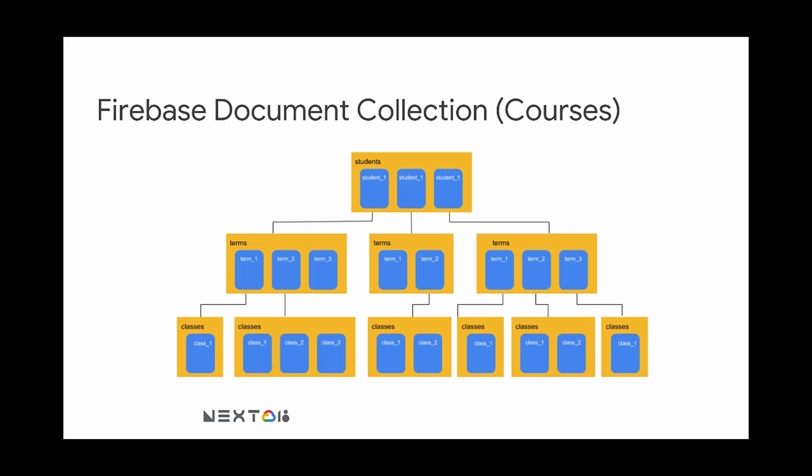The Firebase document collection for Cloud Firestore basically consists of a collection with documents. The way they have it set up is you have a collection of students, and each one of these would be a student. A student would have a bunch of information organized by term. First of all, we started doing it for one term, and that's how we initially released it.